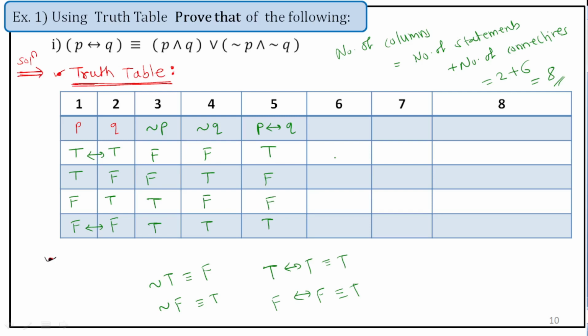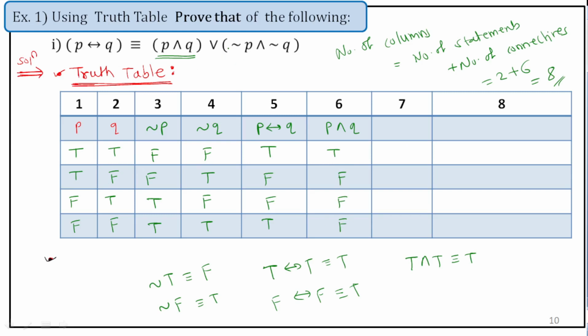Next column: find P and Q, using the first and second columns. In P and Q, T and T is T, otherwise false. T and F is false, so the remaining are all false.